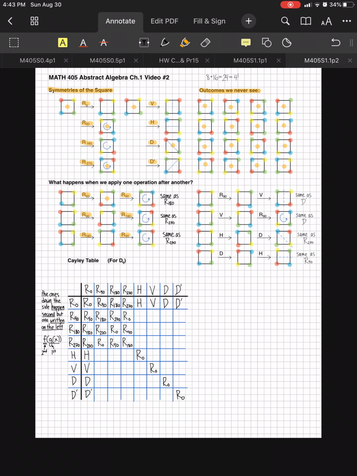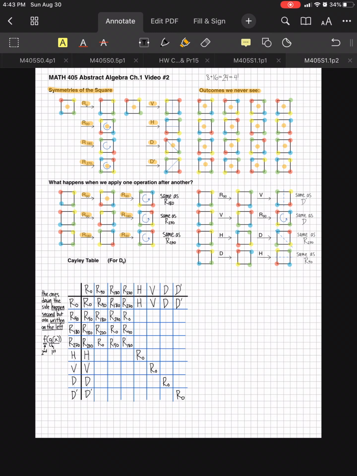Now, for the rest of these, we do have to fill them out, and here it can be a little bit tricky. So the ones down the side, remember, happen second, but are written on the left.